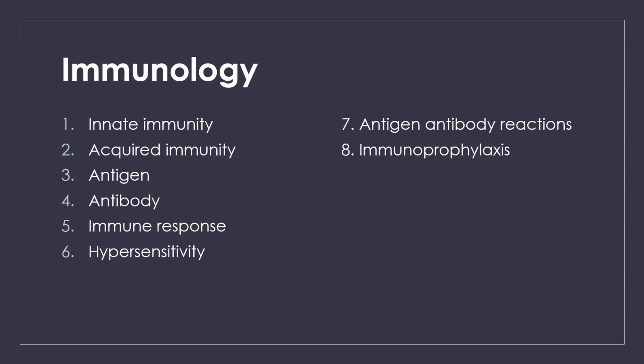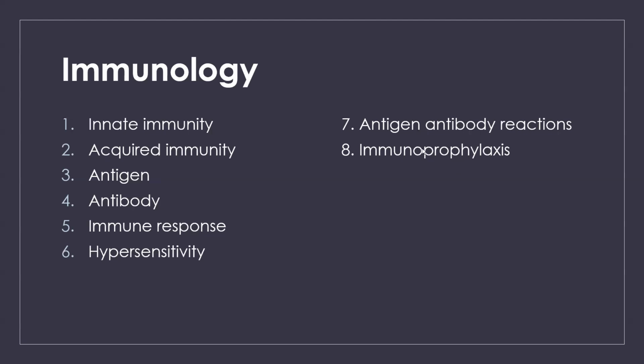Next, immunoprophylaxis. Immunoprophylaxis again: active immunoprophylaxis, passive immunoprophylaxis, combined immunoprophylaxis, individual immunoprophylaxis. In this, the national immunization schedule is very important. Most of the times it will come for 5 marks.